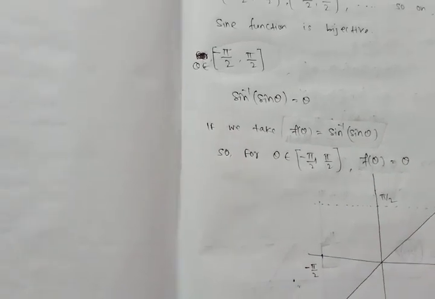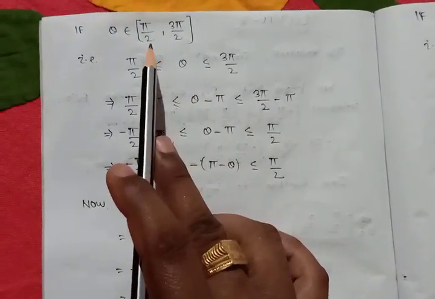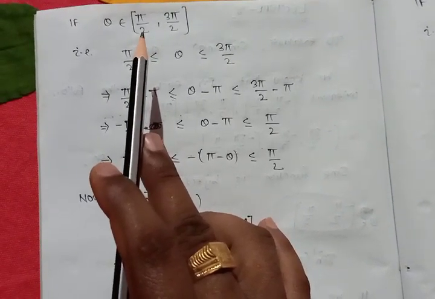Now come to the second case. If theta belongs to the interval pi by 2 to 3 pi by 2, just see what we have to do.